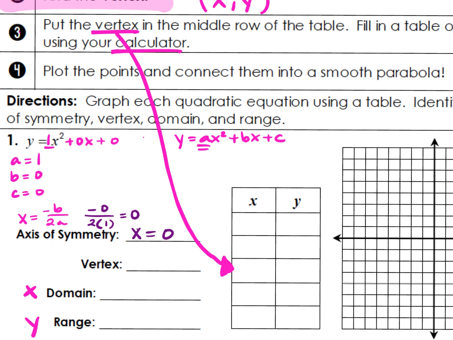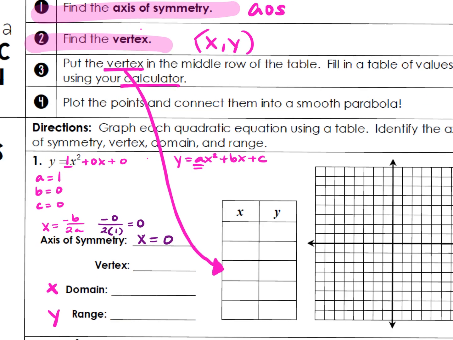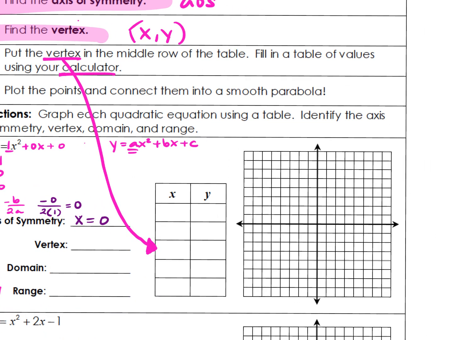And you always have to put that x equals with it because that's telling you it's a line, not just a point or a number, okay? So your axis of symmetry is 0. Let's just plot that right now. That means that line where x is always 0 is the y-axis. Okay, so there's your axis of symmetry.